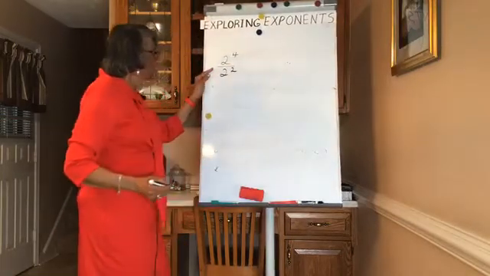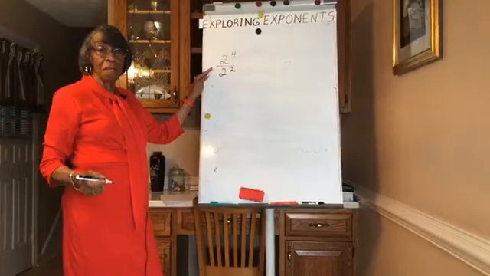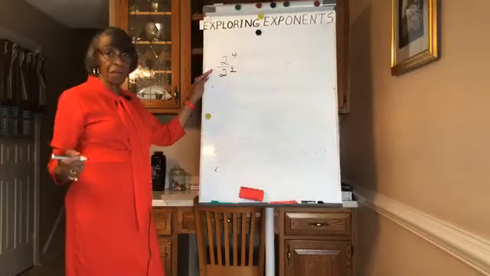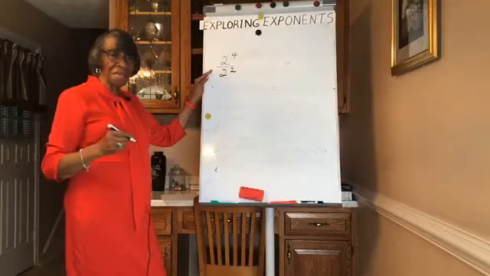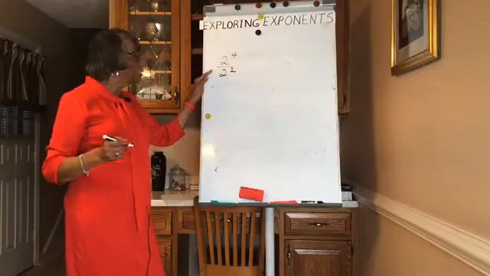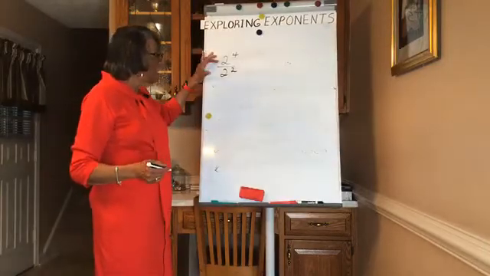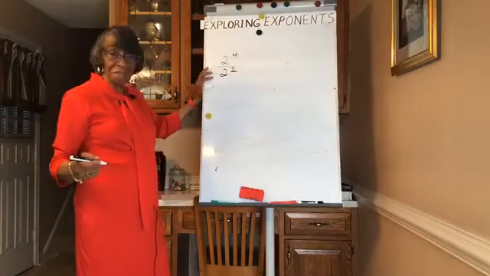Remember this expresses division. Don't say 2 over, because we say that so often, and we forget that we are really dividing here. This means 2 to the 4th power divided by 2 to the 2nd power.